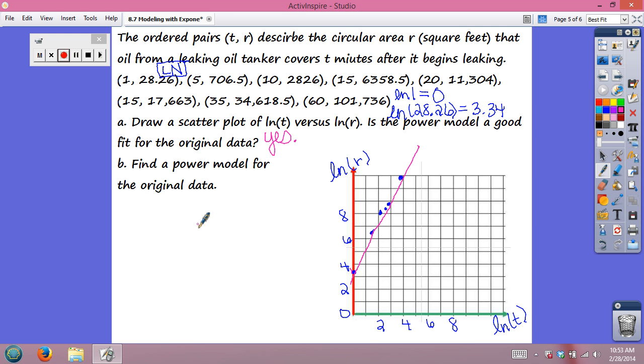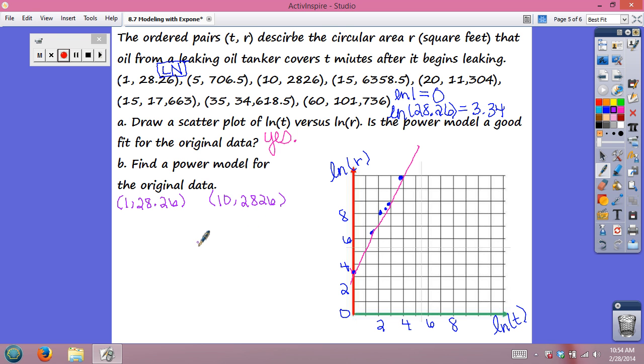The next question is to find a power model for the original data. So just like the prior example, what we're going to do is pick 2 of these coordinates and plug them into our equation. So I'm going to choose 1 and 28.26, and 10 and 2,826.